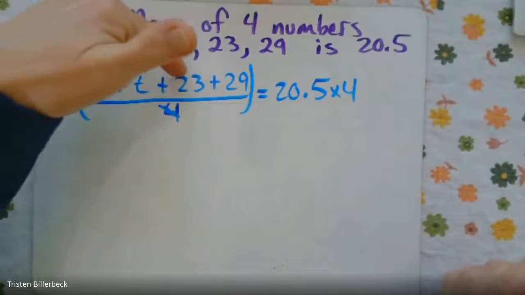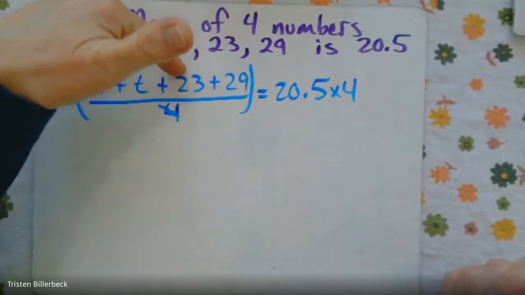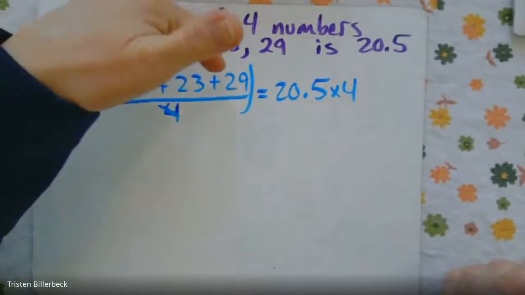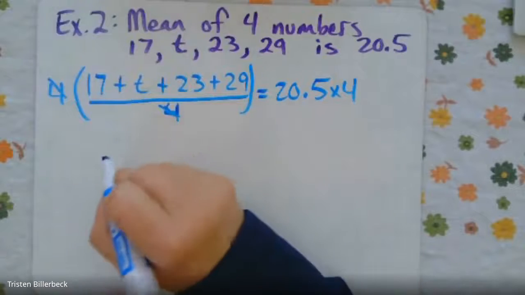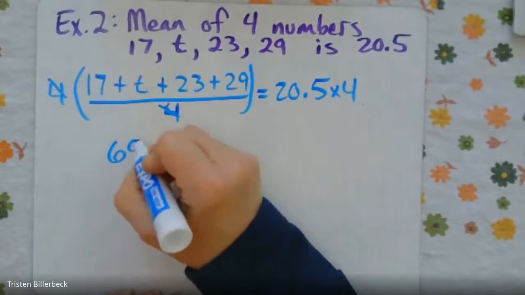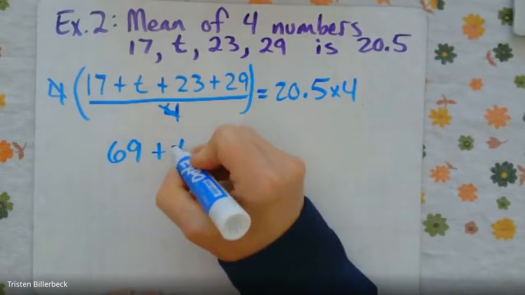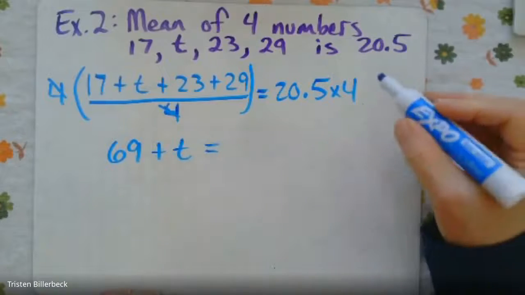17 plus 23 is 40, and 40 plus 29 is 69, so we have 69 plus t inside there.